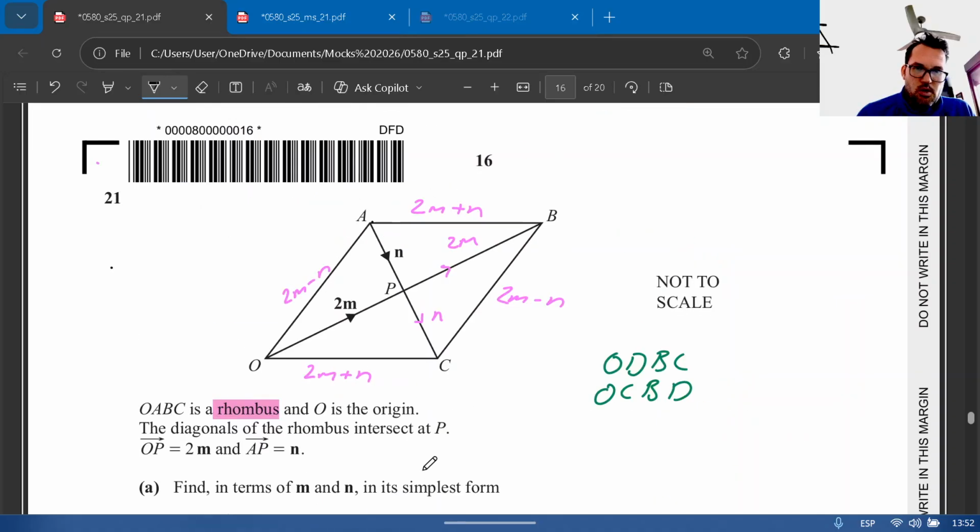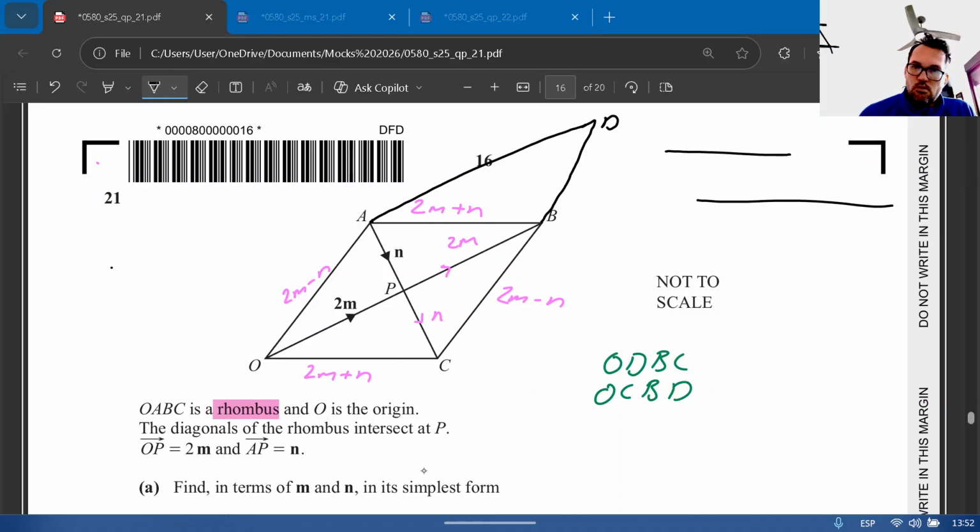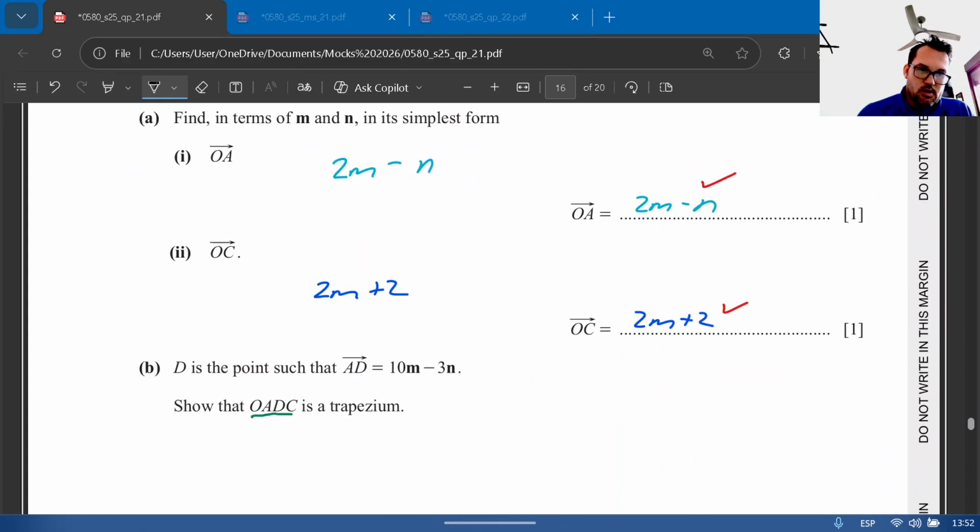So B cannot be a corner. O, A, D, and C needs to be the corner. So we're going to have to extend this over here, and extend that. See, now we got a trapezium, a wonky one. And in this trapezium, the four corners are O, A, D, and C, like they want.